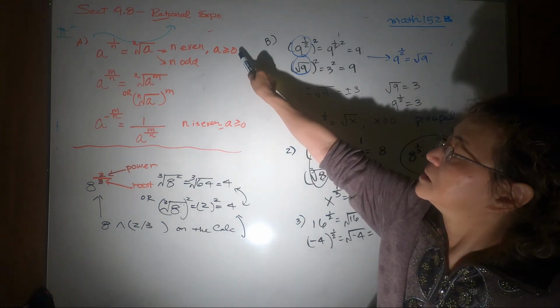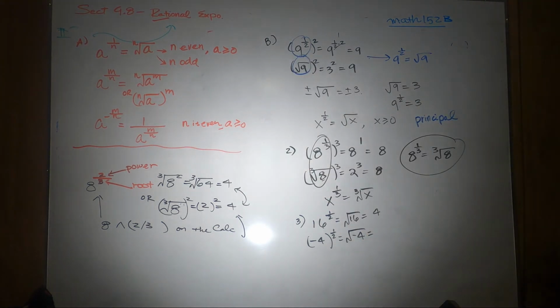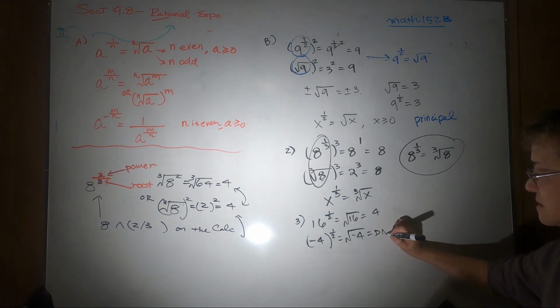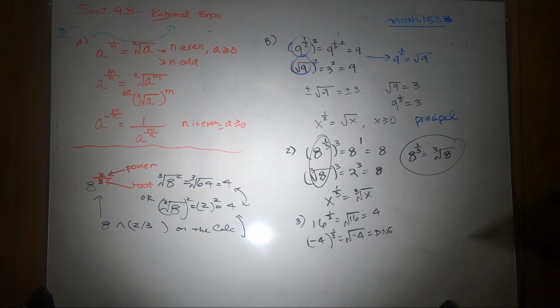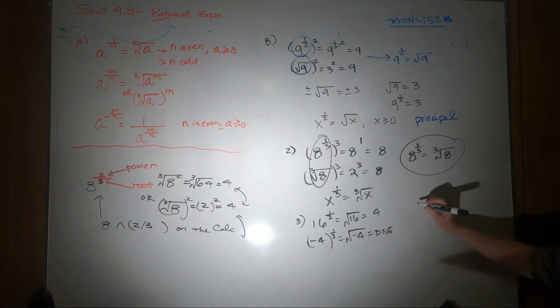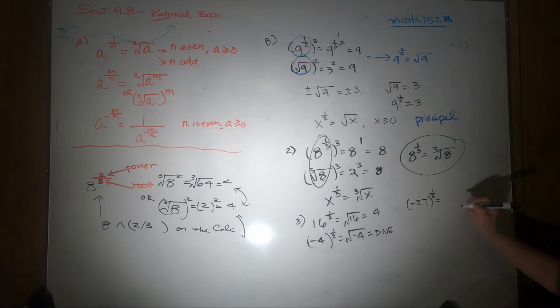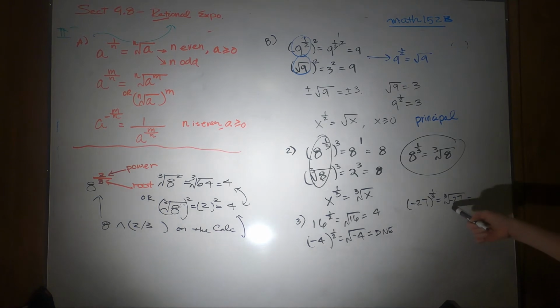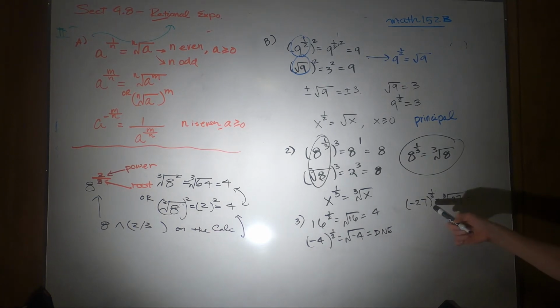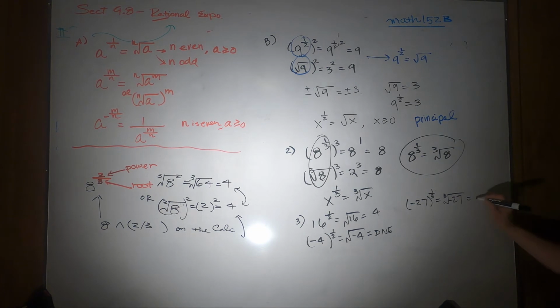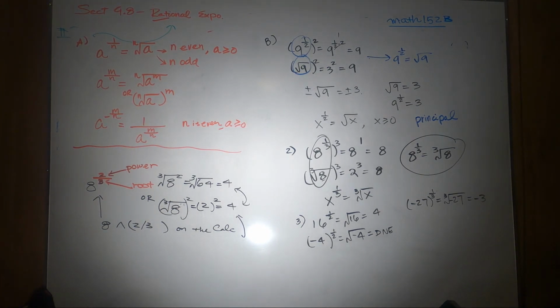It has to be positive or 0. So this one doesn't exist. Then for -27 to the 1/3, it means take a cube root of -27. For the odd roots, we can use negative. You can take a negative out or you do it directly. It means -3 times itself 3 times, right?